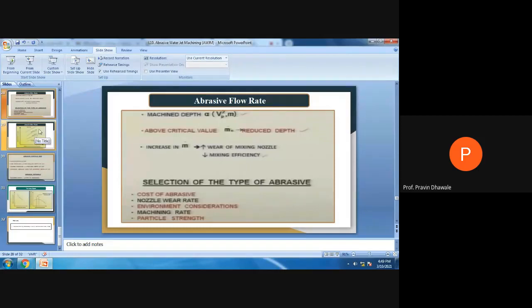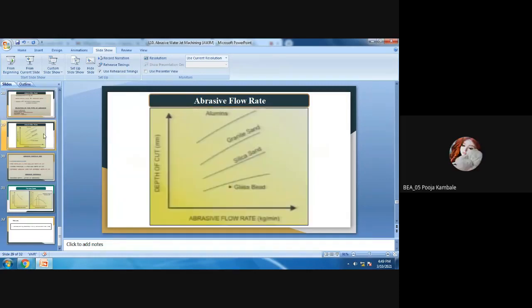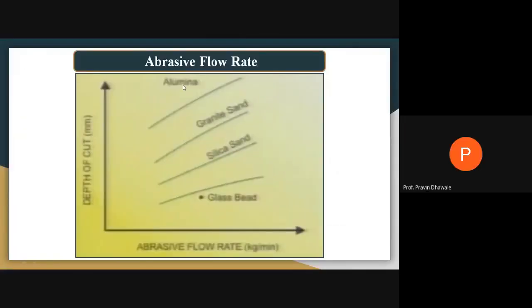From this current slide or two to three slides before this? Hello, Pooja, now is it visible? Yes, sir, visible. Okay. You might have observed this slide or not? Yes, sir, observed. All right. Okay, now see here. Now it is visible, right? Okay.